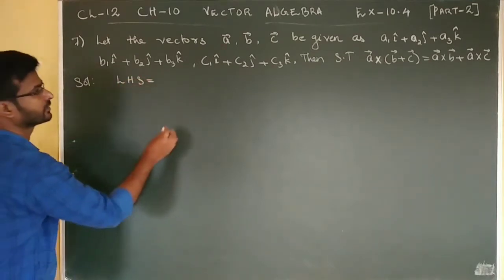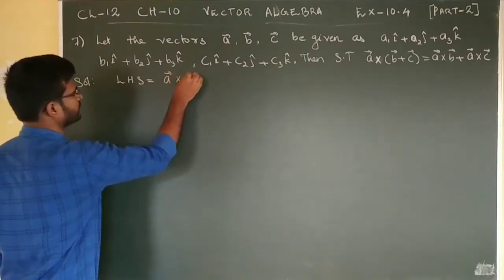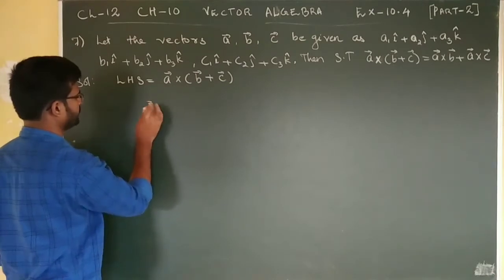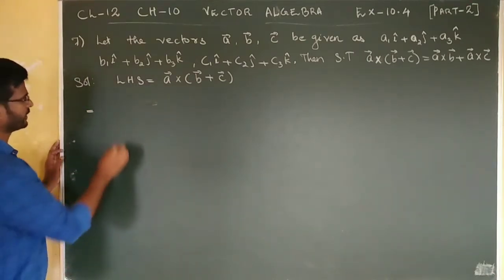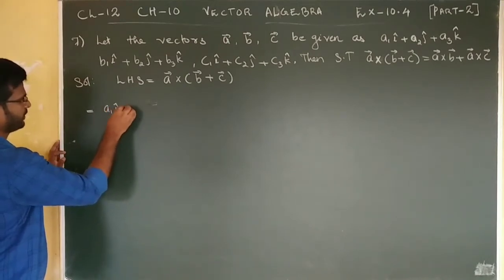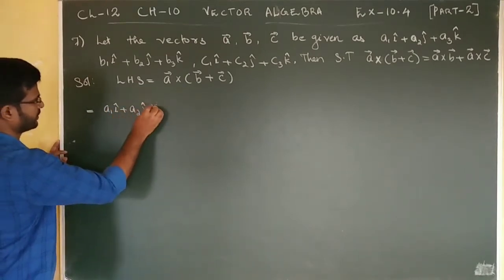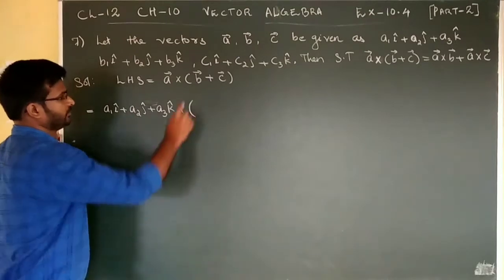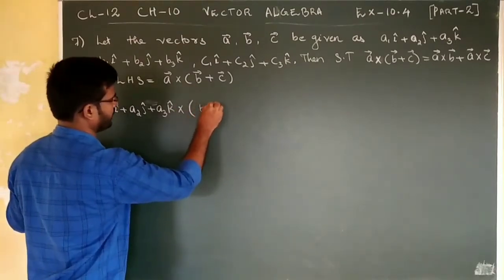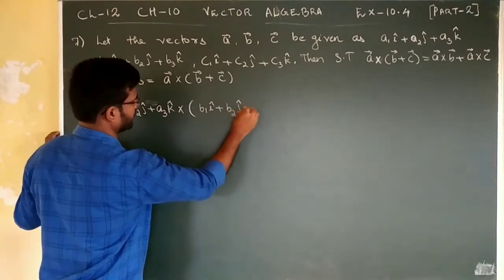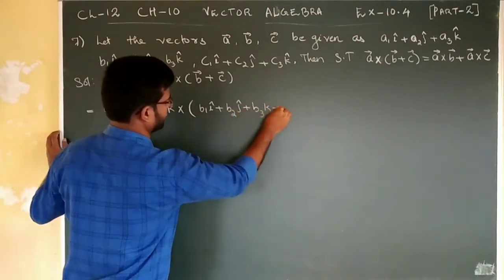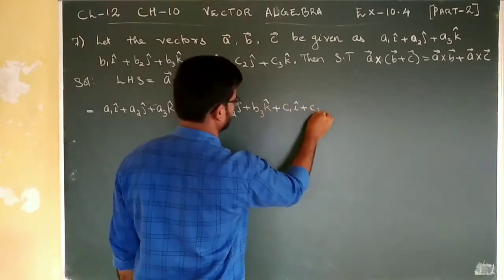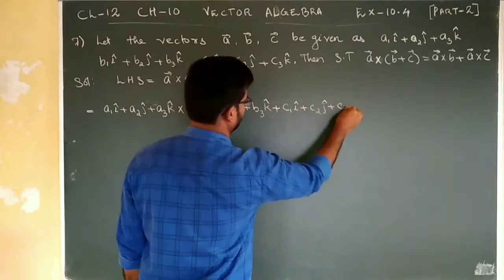LHS equal to A vector cross (B vector plus C vector) equal to A vector already given, that is A1i, A2j, A3k, cross B vector is B1i, B2j, B3k plus C vector is C1i, C2j, C3k.